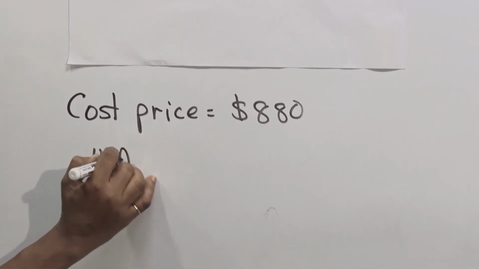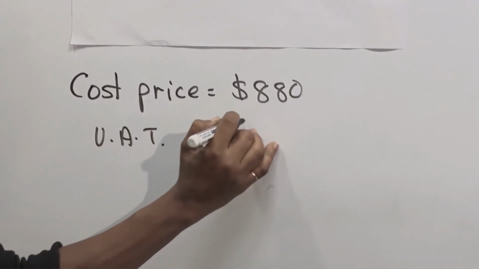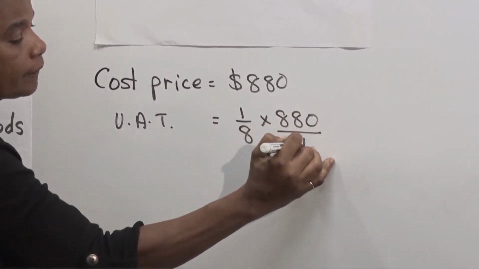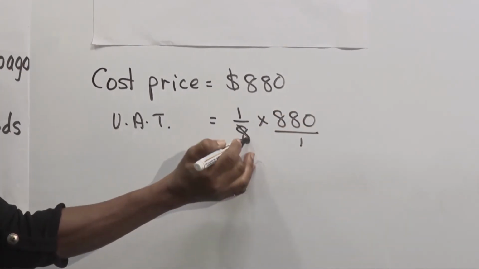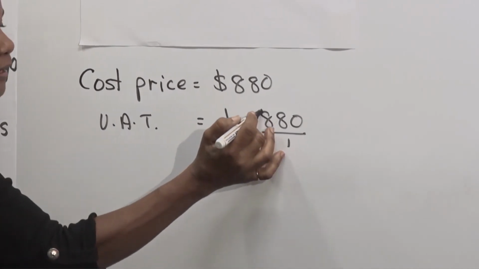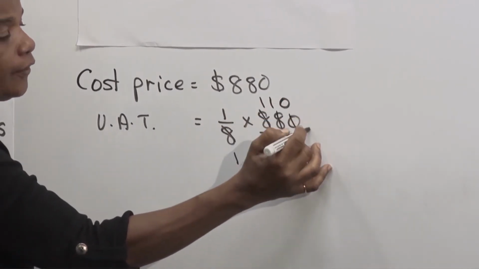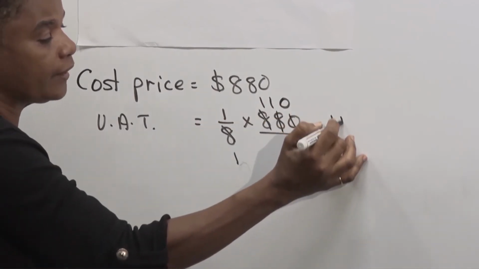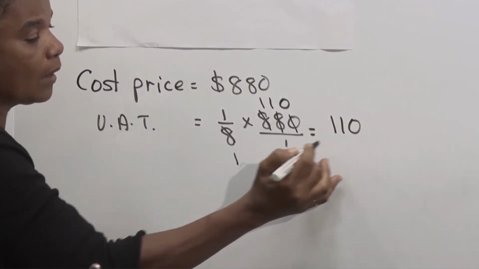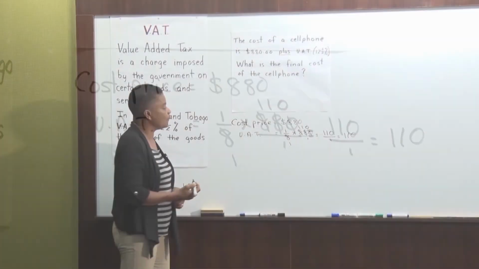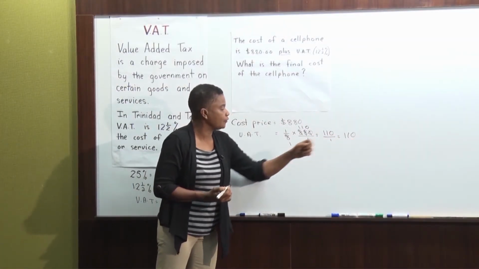The value added tax would be 1/8 of $880. Let's work that. 8 into 8, 1. 8 into 8, 1. 8 into 8, 1. And 8 into 0, 0. 1 times 110 would be 110. 1 times 1 is 1. So the VAT on the cell phone is $110.